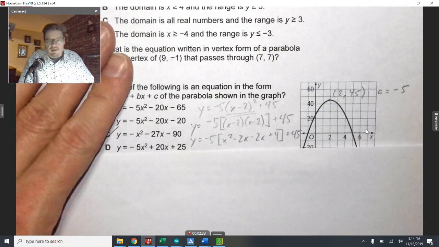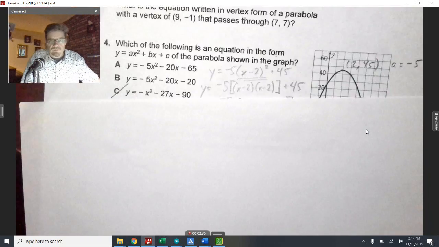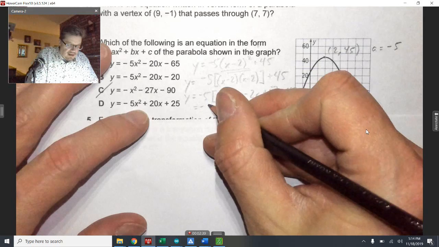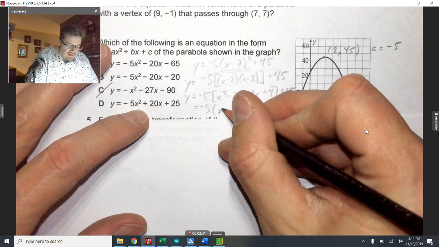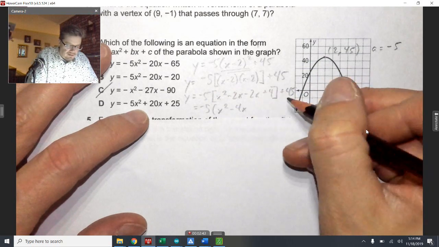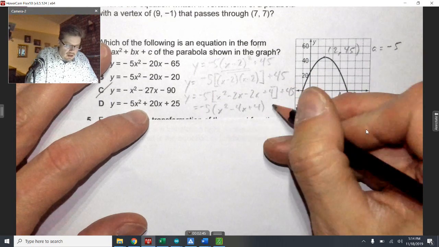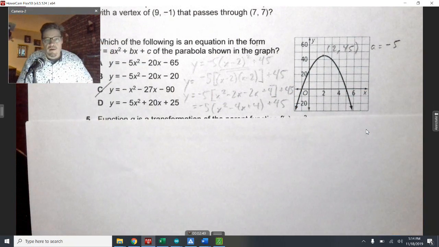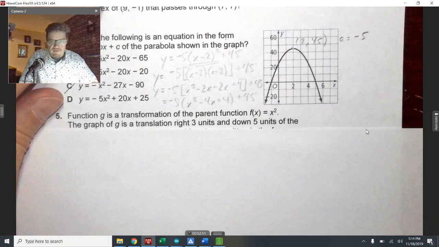Okay? Now that's fine. I'm going to keep going. Now what I have is I have like terms on the inside. So that's negative 5. And then I have x squared minus 4x plus 4 plus 45. All right, now I distribute the negative 5.